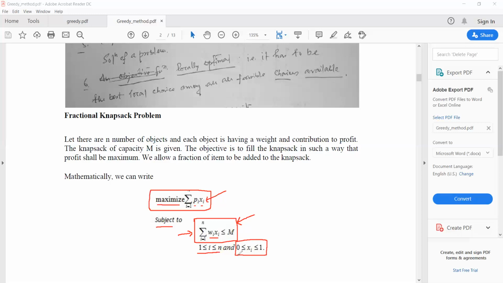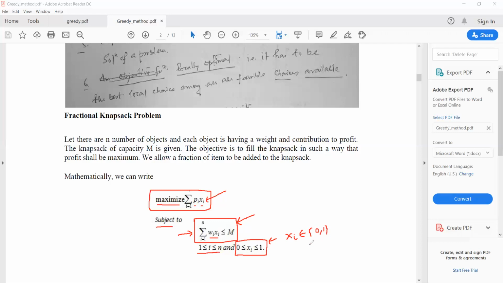The interesting difference from the 0-1 knapsack is that xi, in the case of 0-1 knapsack, is either 0 or 1. So you can pick up the item or you cannot.